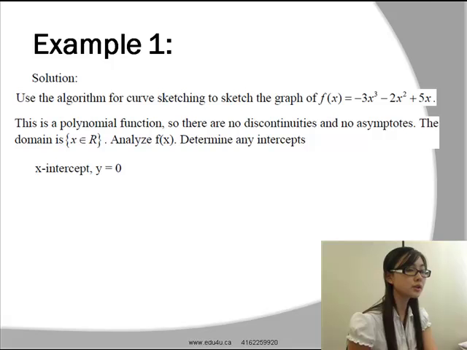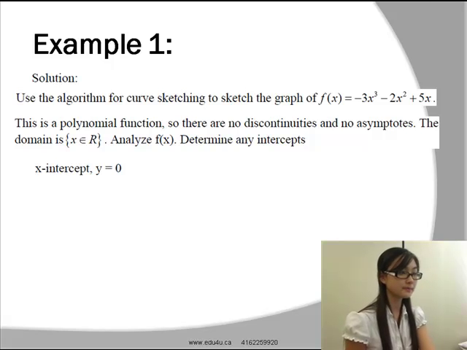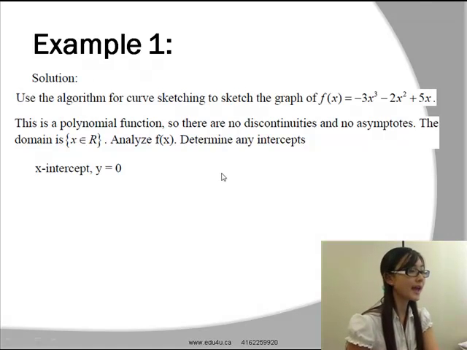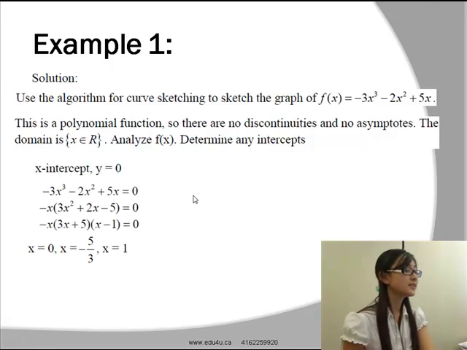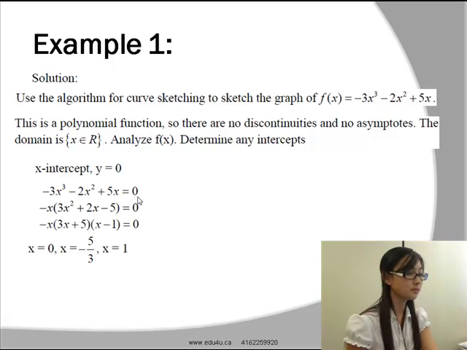In the first step, we have to determine the x and y intercept. First, let's determine the x-intercept, and in order to do that, we have to make the y, which is f of x, be equal to 0. That will give us negative 3x cubed minus 2x squared plus 5x equals 0. And when we solve that, x will be equal to 0 or negative 5 over 3 or 1.